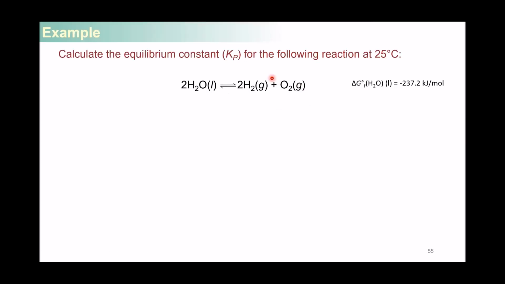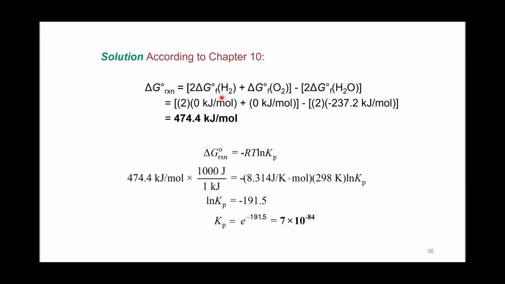If you want to calculate the equilibrium constant for this reaction, if you know that delta G of formation of water equals this value right here, you can go back to chapter 10 to find delta G of the whole reaction using the products minus reactants math. You will calculate delta G for the reaction, and it's going to be a positive 474.4 kilojoules per mole.